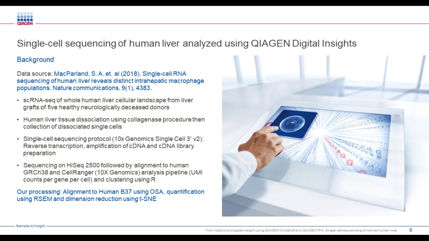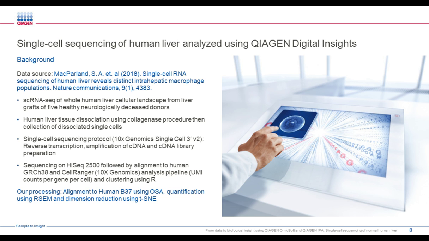They performed single-cell RNA-seq of the whole human liver cellular landscape from liver grafts of 5 healthy neurological death donors. They followed a particular procedure: they dissociated the liver tissues in order to not kill the cells. They followed a single-cell sequencing protocol using 10x Genomics Single Cell 3' V2.